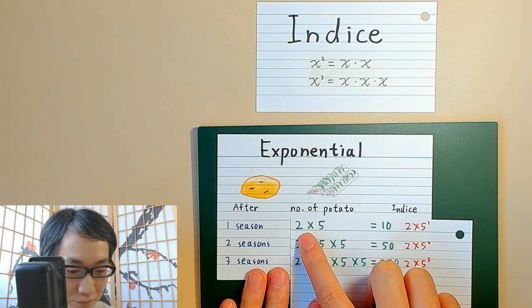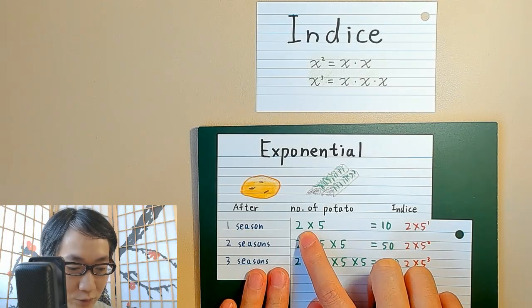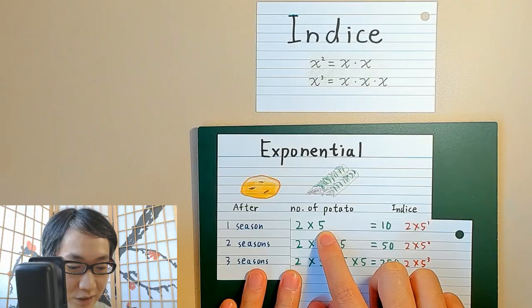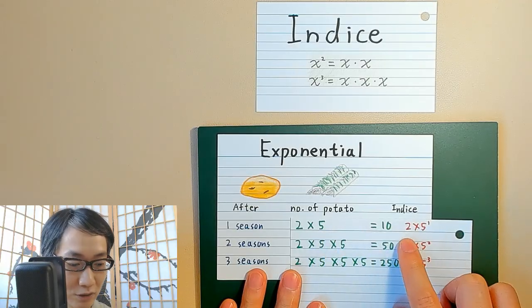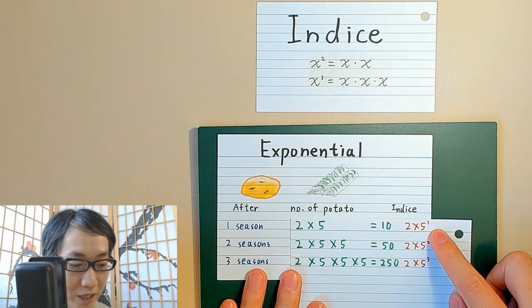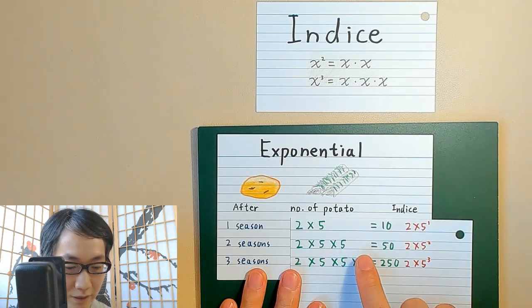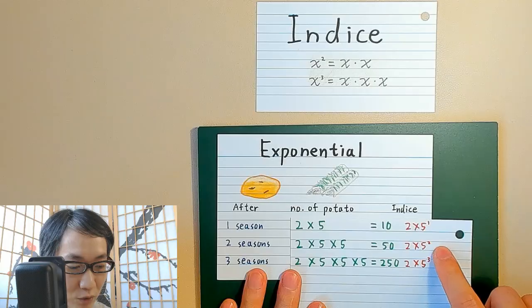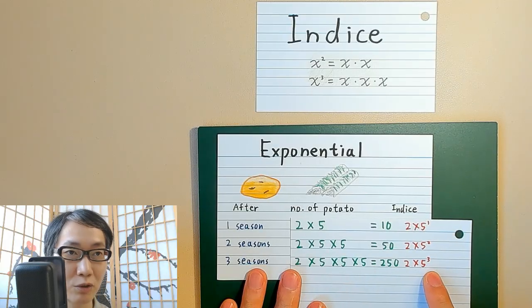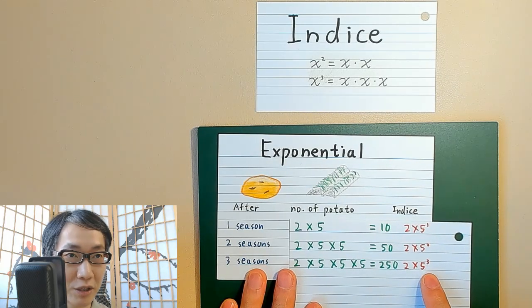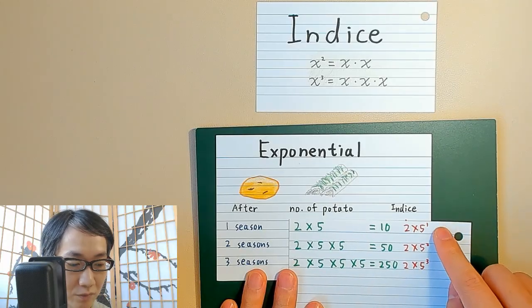After one season, it's multiplied by 5, so we get 10, or 2 times 5 to the power of 1. In 2 seasons, 5 times more, in 3 seasons, 5 times more. And the situation can be expressed in this form.